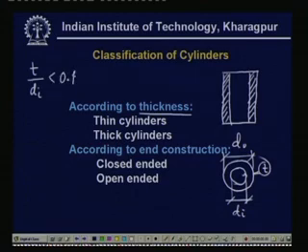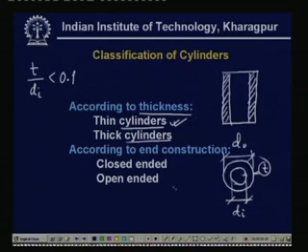So, if the thickness of the cylinder is less than 10% of the internal diameter, then we call this a thin cylinder. If this is not satisfied, that is T is sufficiently thick, then we call it a thick cylinder. Now, in this class we are going to discuss the thin cylinders. Remember, in the thin cylinders the thickness is very small.